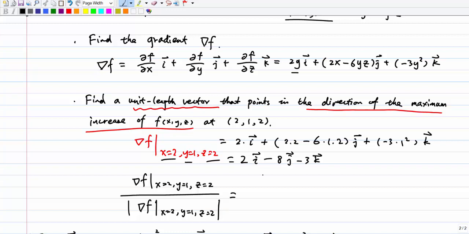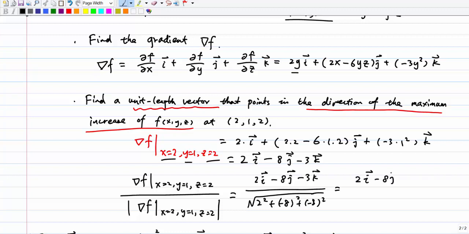So the top will be the same, 2i minus 8j minus 3k, divided by the length. The length of this is the square root of 2 squared plus negative 8 squared plus negative 3 squared. Keep the numerator the same, 2i minus 8j minus 3k, and divide by whatever value we have. So this is 4 plus 64 plus 9, so it should be 77. So that's it.